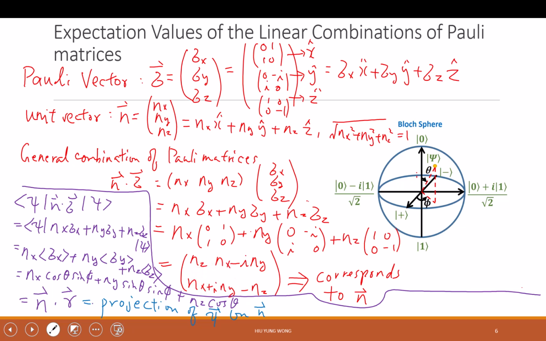I mean, why do I need to? I'm not doing rotation now. You're not doing rotation, that's why I said it's off topic. I'm just finding the expectation value of this matrix. And it turned out to be the corresponding Bloch vector projected on n. Okay, yeah.